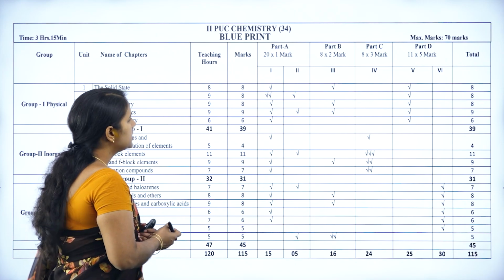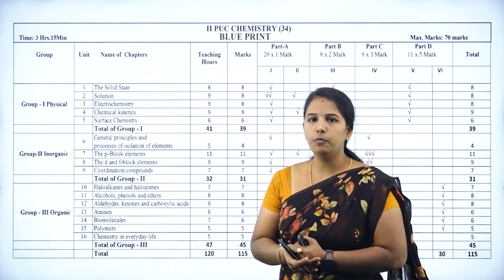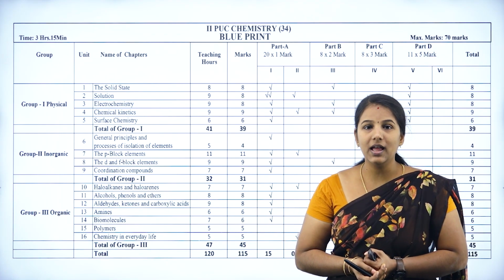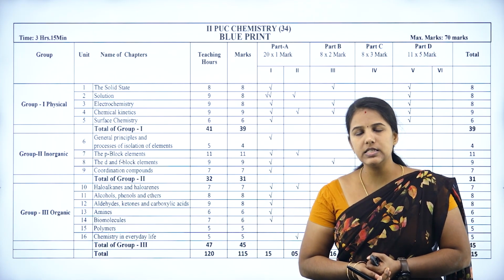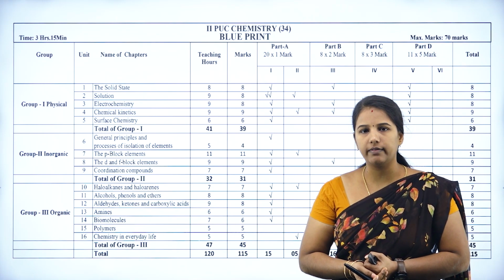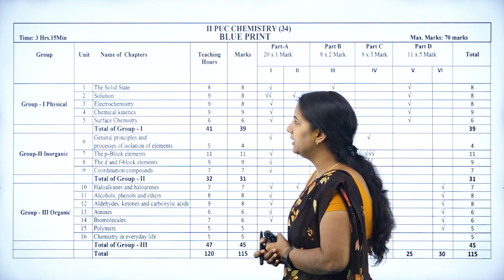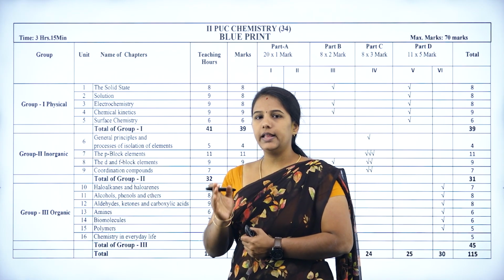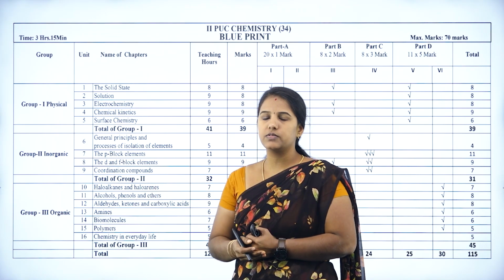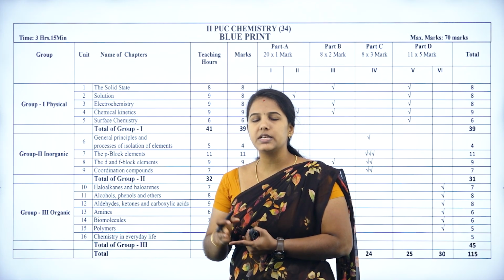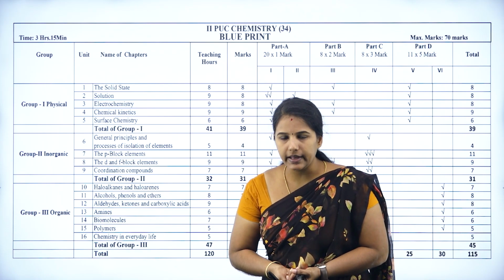Okay. So this is just a blueprint about how questions can be raised from each unit, and this blueprint has been released from the Pre-University Board itself. As we already know, in chemistry there are three main blocks, divided into physical chemistry, inorganic chemistry as well as organic chemistry.